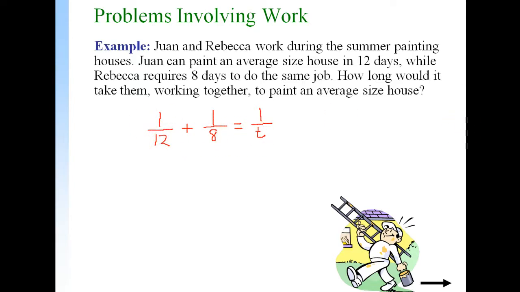You do so by multiplying each term by the lowest common denominator. I'm going to write it this way here, like we did in some of the other examples. I'm going to multiply every term by 12, by 8, and by t.